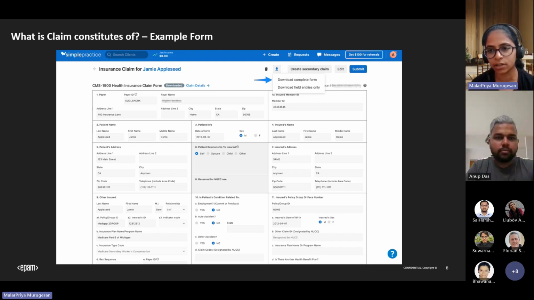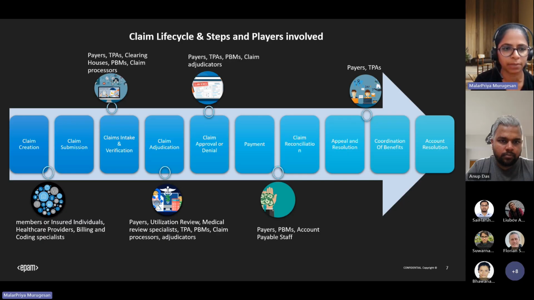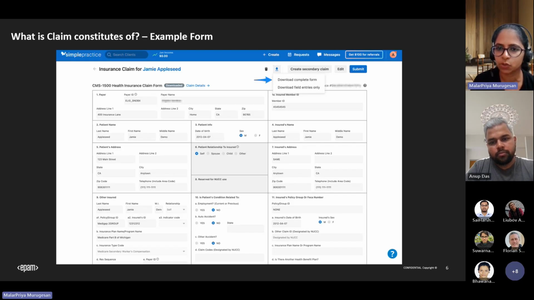Okay, now moving on to what a claim consists of. If you have filed a paper claim yourself for reimbursement, or if you have gone to a hospital, they will ask for certain details from you. So what details will they ask for? First is member information and member demographics like name, date of birth, address, insurance information, and so many things.